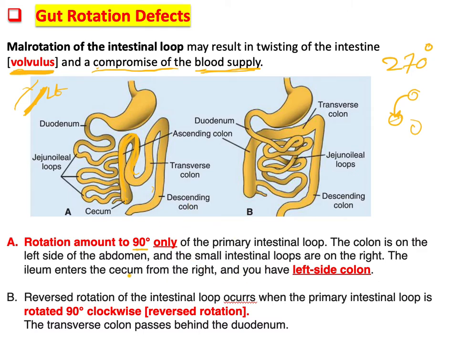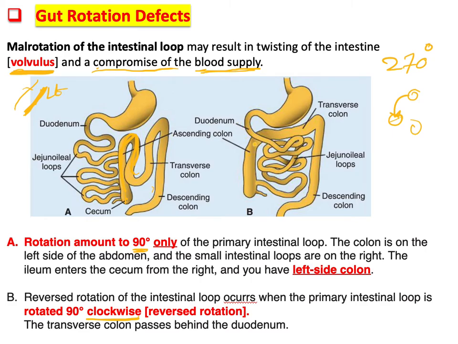Okay, now, of course, I've talked about the rotation of just 90 degrees counterclockwise, but if the rotation occurs 90 degrees clockwise, that means reversed rotation, what you will get is that the transverse colon is located behind the duodenum, right?